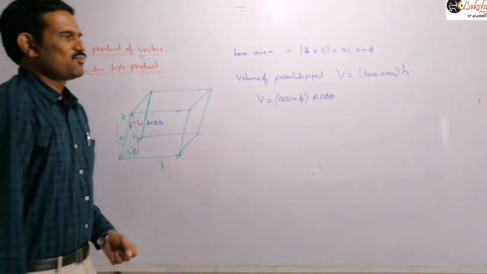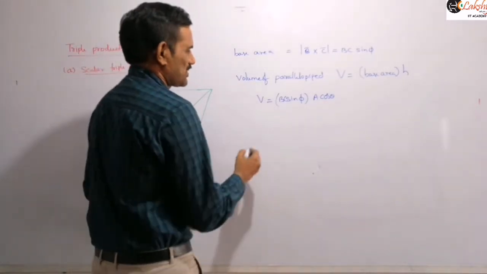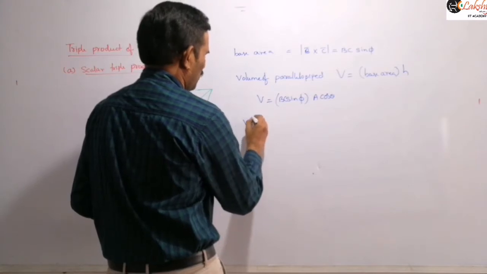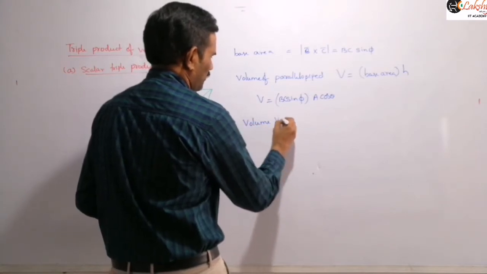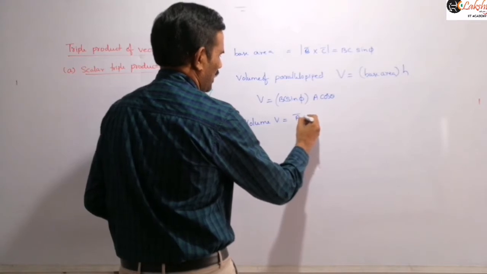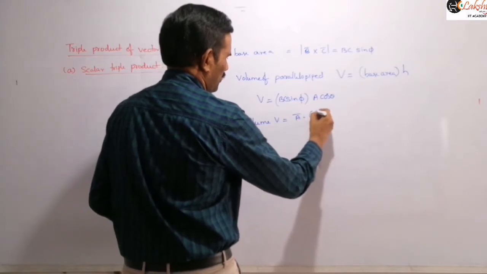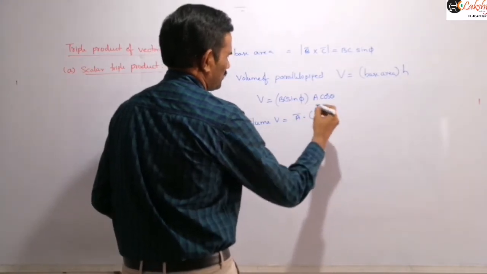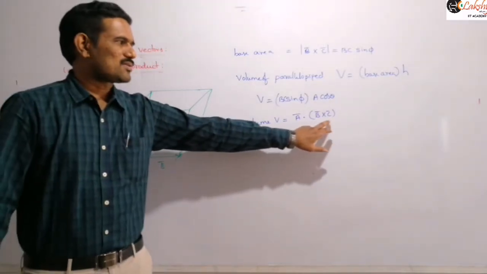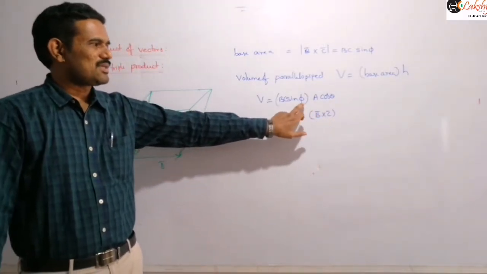And so now simply what we can write is, we can express this volume V as A bar dot B bar cross C bar, right? If you find B bar cross C bar, then its magnitude is BC sin phi.